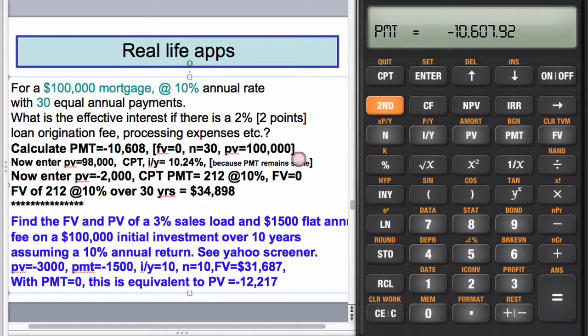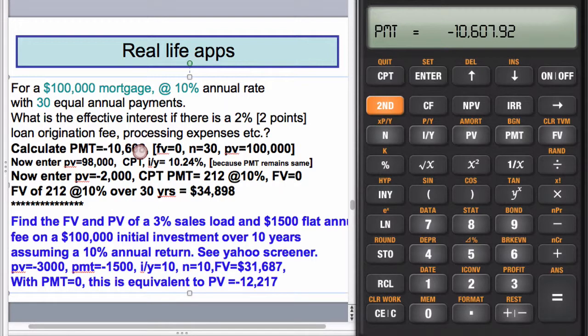And then you would get your monthly mortgage there. I'm not doing that because I want to just work through this. And every minute is like 50 megabytes on this file. So anyway, we enter that, and you get the mortgage amount, which is 10,608.